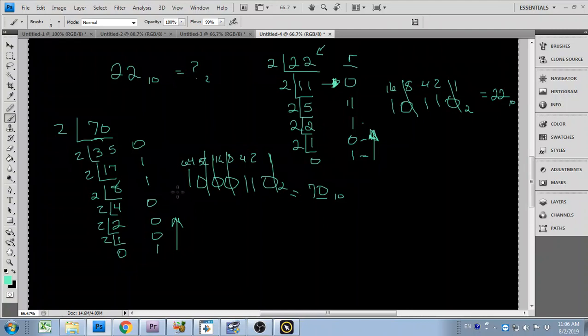So you can know absolutely that you have the right answer each time you do these if you just check your work. So that's it. That's all you do to get a binary number from a decimal number: just divide by 2 until you hit 0, writing out the remainders. And that's basically it for binary numbers as far as converting them.